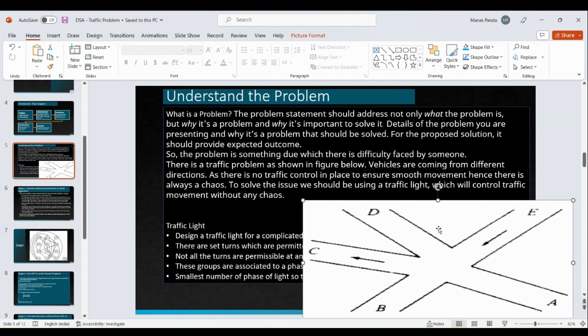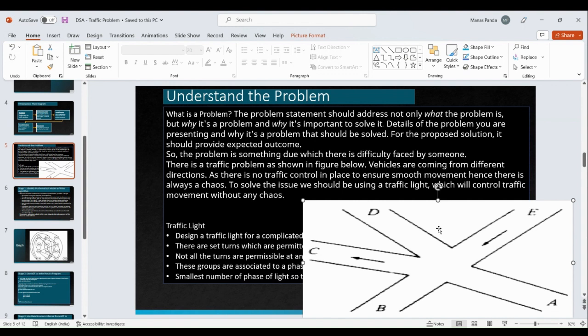The problem is chaos. Why is it happening? Because people are coming in different directions without knowing who should go first and who should stop. That is not there. The why of the problem is that the traffic light is not there, so they don't know, they just move.